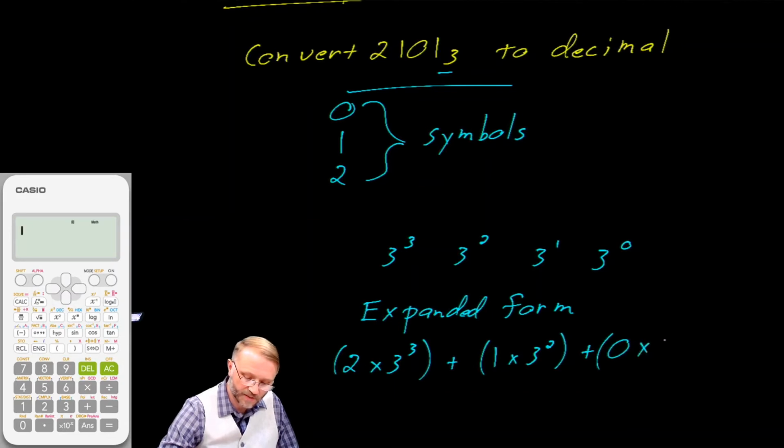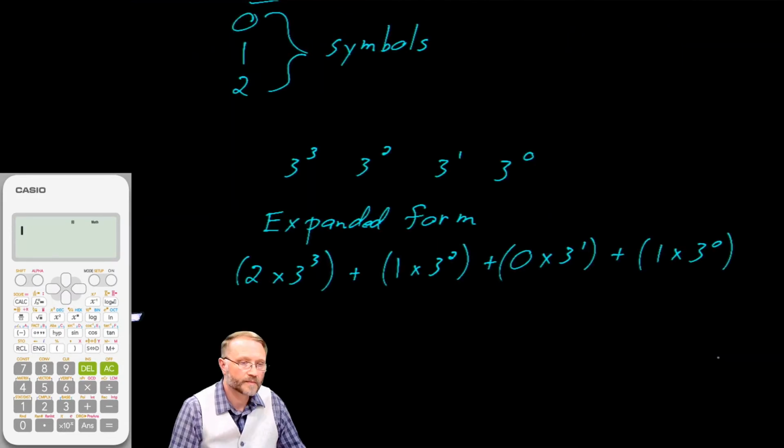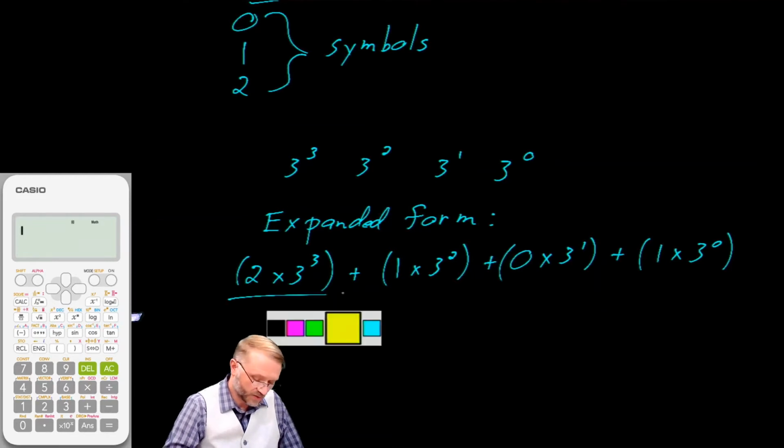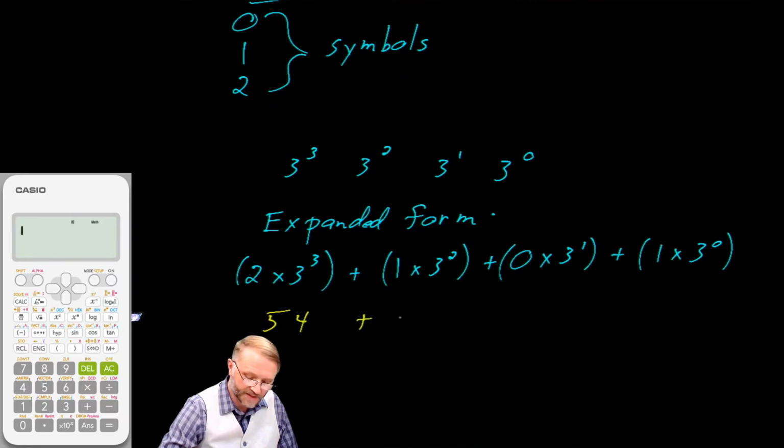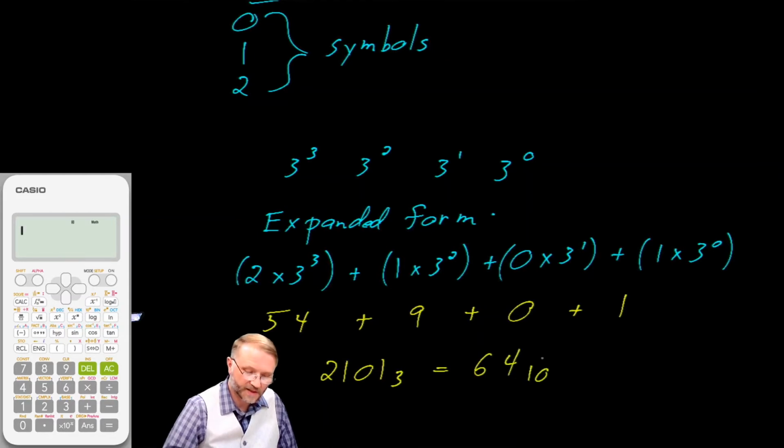So that's 0 times 3 to the first power. From there, we can say that we have 2 times 27, which is 54, plus 9, plus 0, plus 1, and finally solving for the whole thing, that's 2101 base 3 is equal to 64 base 10.